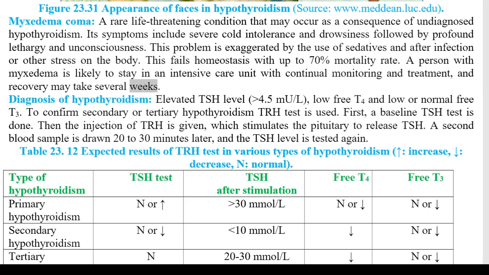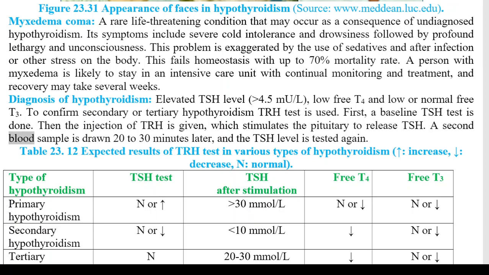Diagnosis of hypothyroidism: elevated TSH level, greater than 4.5 μU/mL, low free T4 and low or normal free T3. To confirm secondary or tertiary hypothyroidism, TRH test is used. First, a baseline TSH test is done. Then the injection of TRH is given, which stimulates the pituitary to release TSH.